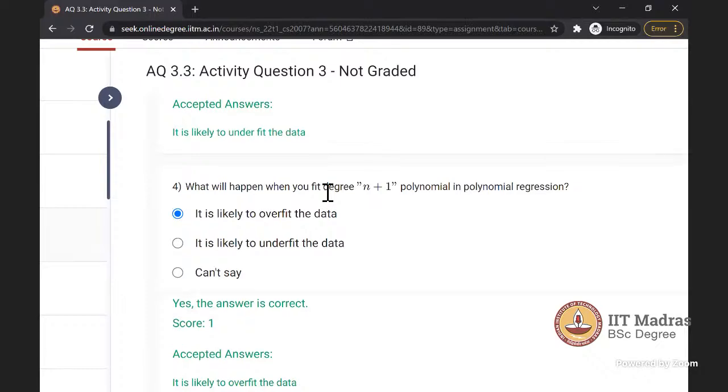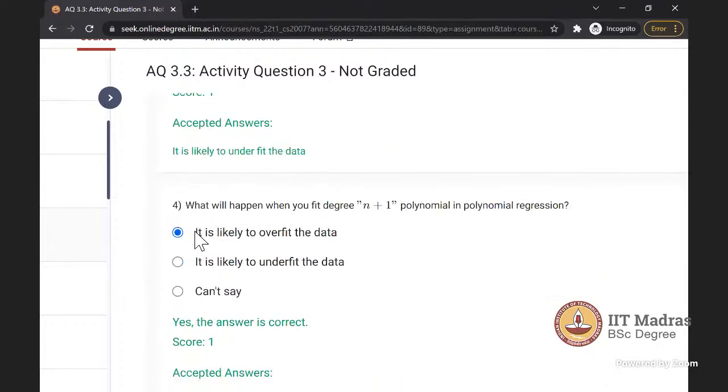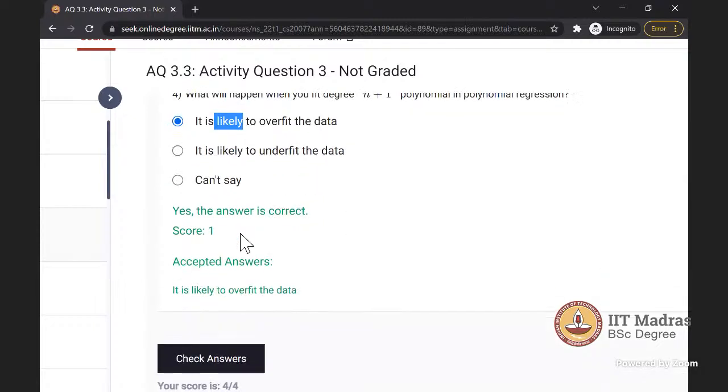If test and train are 0 for degree n, again, it is mentioned that it is likely to overfit the data. Okay, likely. Likely takes care of these absolute cases. Whether it will increase or not, we don't say that, but it is likely. It is definitely not decrease. It will definitely not underfit, right?